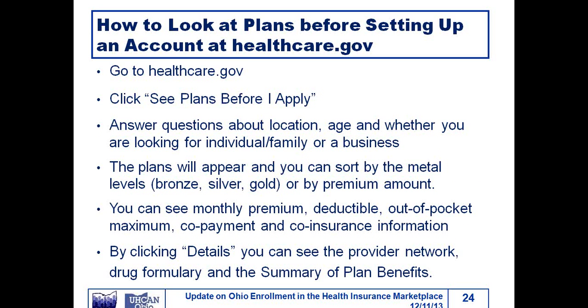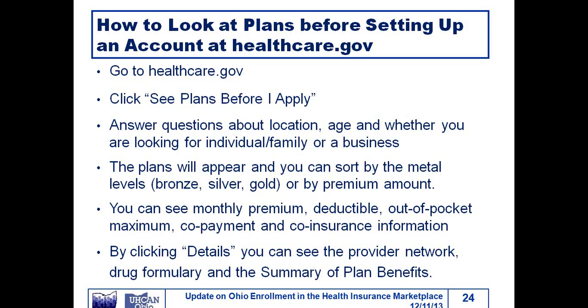So one of the things that has just been developed that is really exciting is that you can go on to healthcare.gov and look at plans before going through it to set up an account. If you want to enroll, you would have to go on to healthcare.gov, create an account, then they determine your eligibility for subsidy and eligibility in general to be shopping in the marketplace.